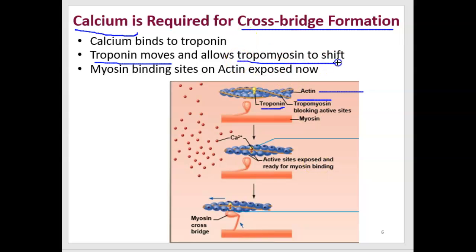And that allows tropomyosin to shift. And so now the binding sites on actin are exposed. And once the cross bridge formation occurs, then the myosin head swivels and the actin filament moves.